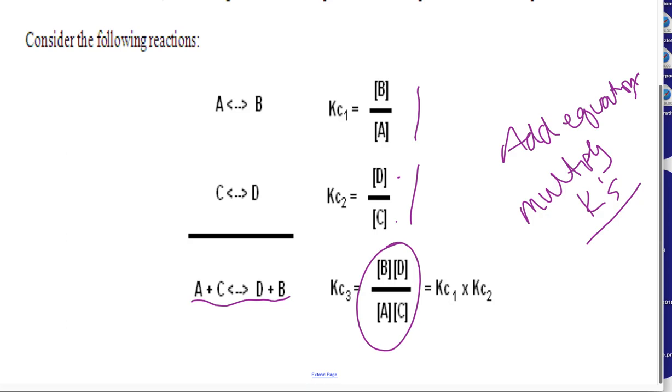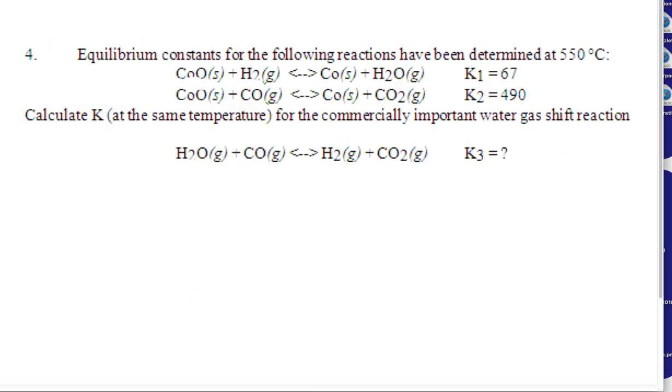How would you see these kinds of problems? In something like this, equilibrium constants for the following reactions have been determined at 550 degrees Celsius. Calculate K, notice, at the same temperature. All they're saying is the temperature is constant, so we don't have to worry about it, for the commercially important water-gas shift reactions.